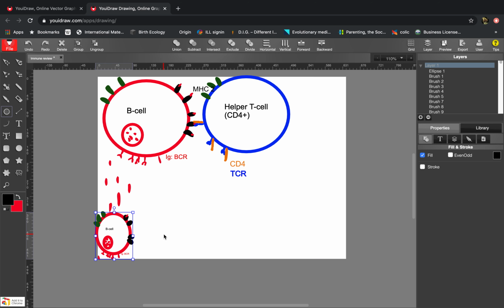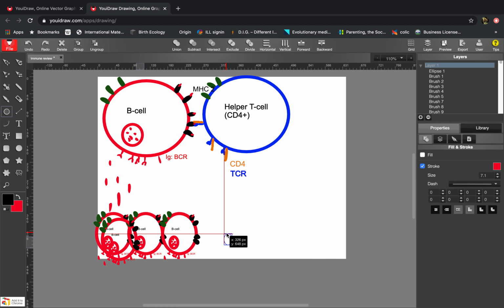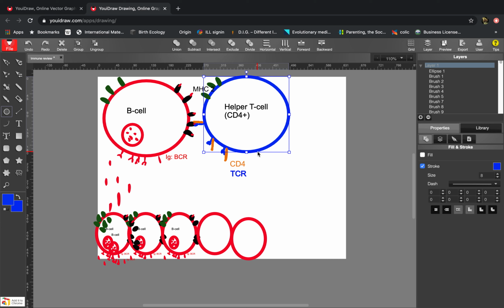I'm just drawing the B cells small so that you can see we get an army of them. And some of them, again, are going to be long-lived memory cells. And some of them are going to be antibody-generating factories. And you can see this is getting a little messy now because this is not the best whiteboard program, but it's what I have for free.